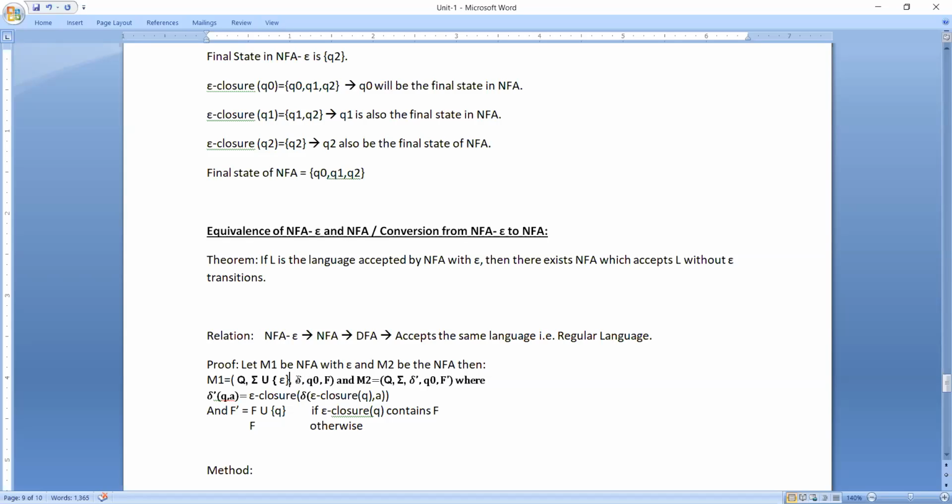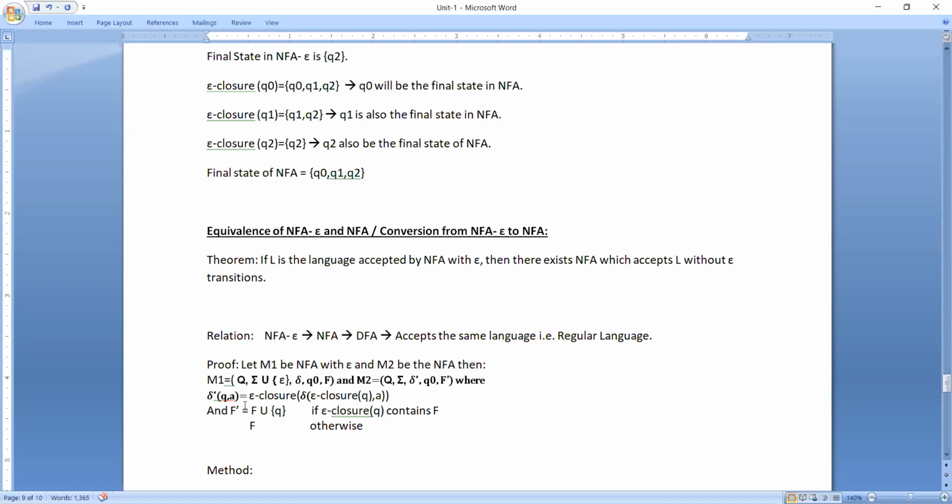Then we have a delta transition function, but we call it delta dash in our NFA. Q naught will be the same in both, but the final state will change in our NFA.